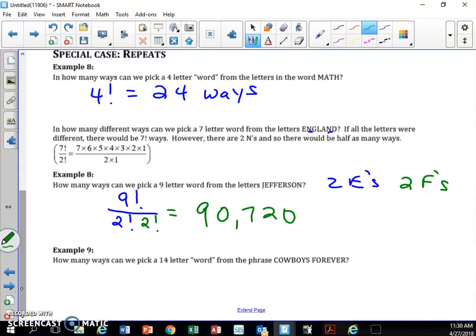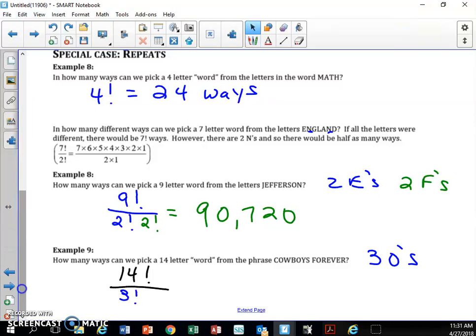So if we have the phrase Cowboys Forever, there are 14 letters, so our numerator is going to be 14 factorial. Divided by, we have 3 O's, so we'll divide by 3 factorial. We have 2 E's, so we'll divide by another 2 factorial.